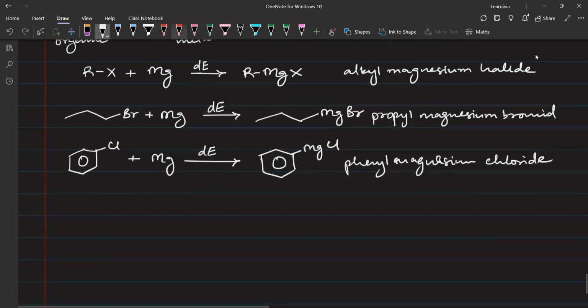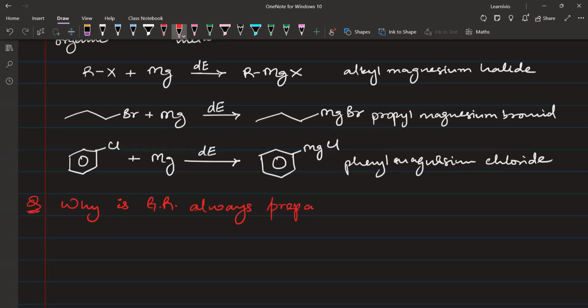After this you will write a question: Why is Grignard reagent always prepared in anhydrous condition? Why is water not used? First see the reason.